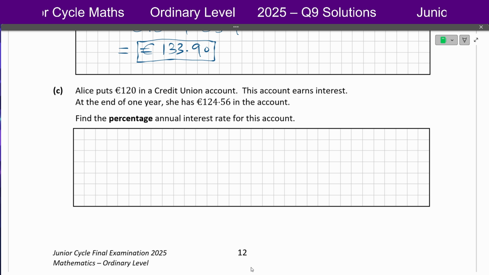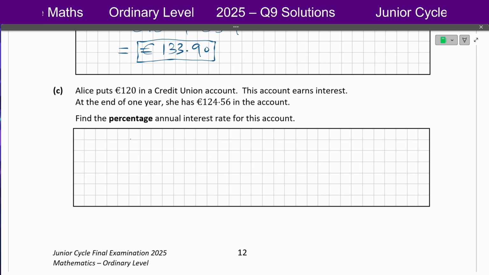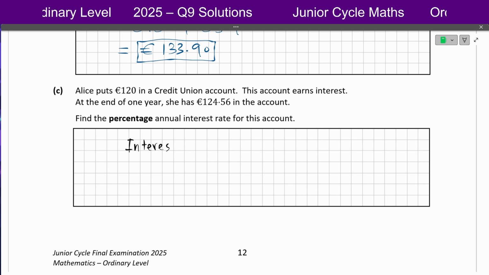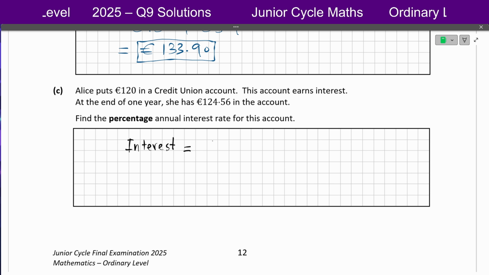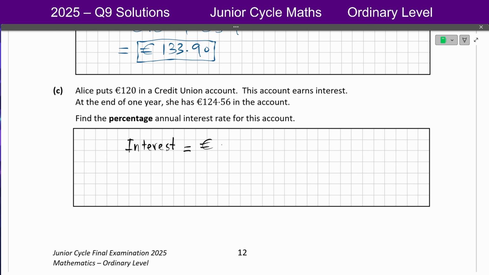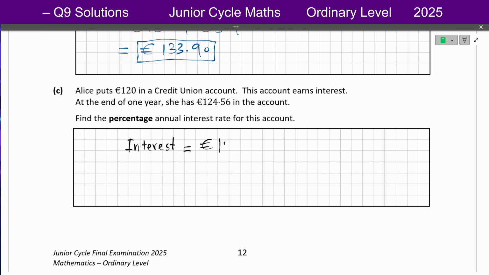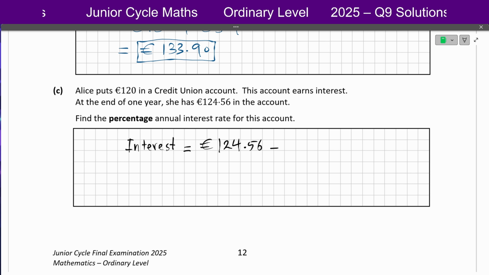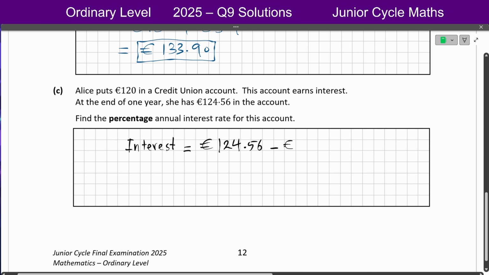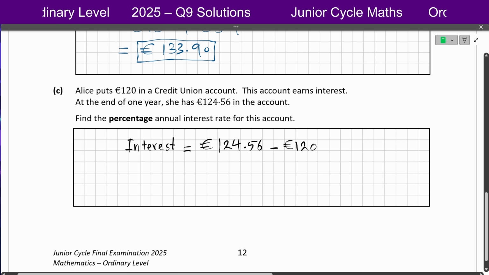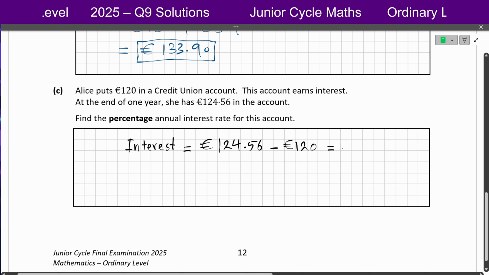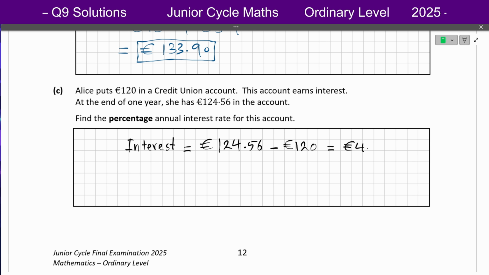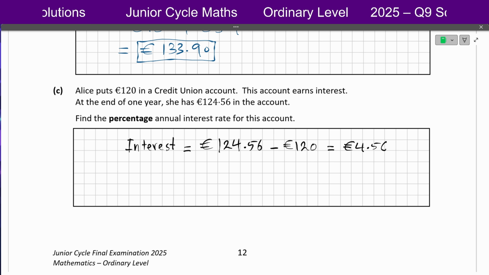So we write interest equals the total amount of money after 1 year, which is 124.56, minus 120 euros. That gives me an answer of 4 euros and 56 cents.